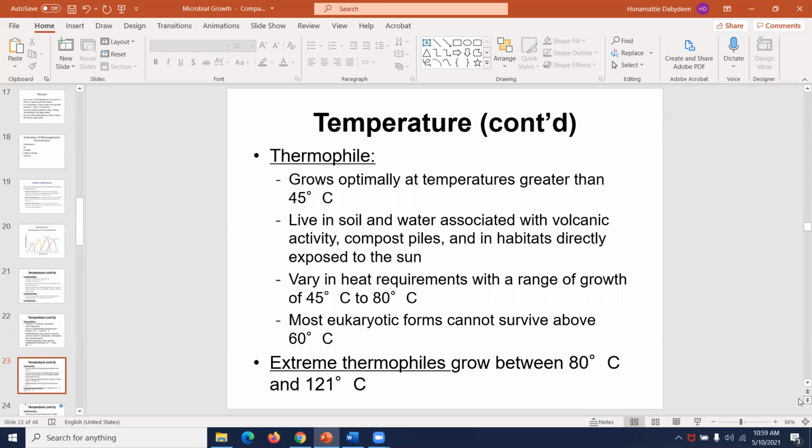Now, I don't know if you know it, but when you're doing compost, once the organisms are working to decompose the larger macromolecules, the temperature can get very, very high, can be very hot in there.